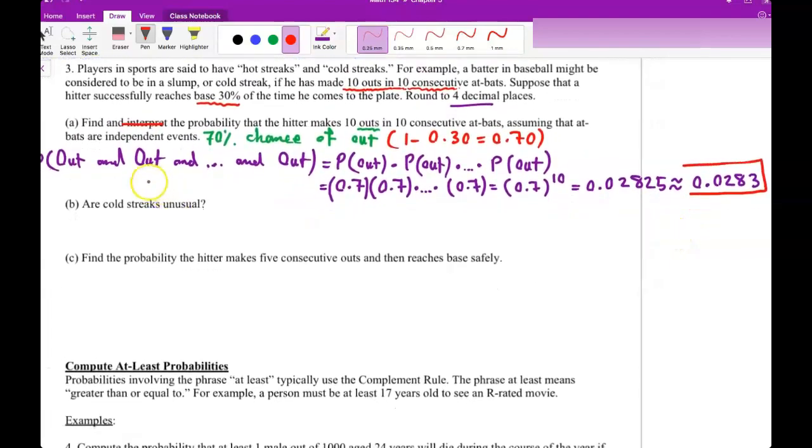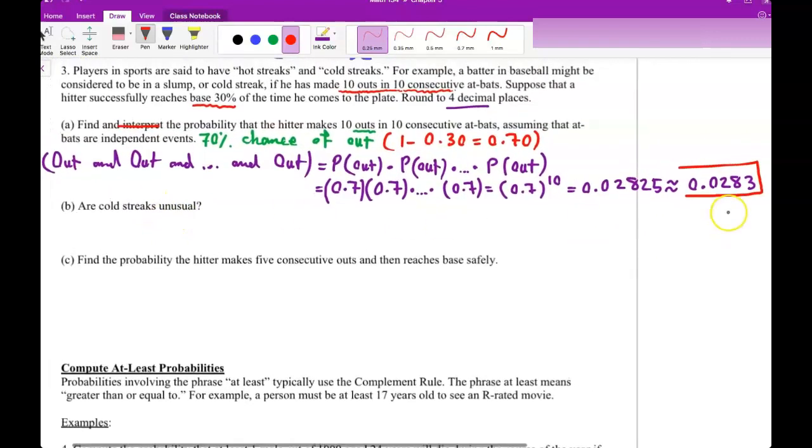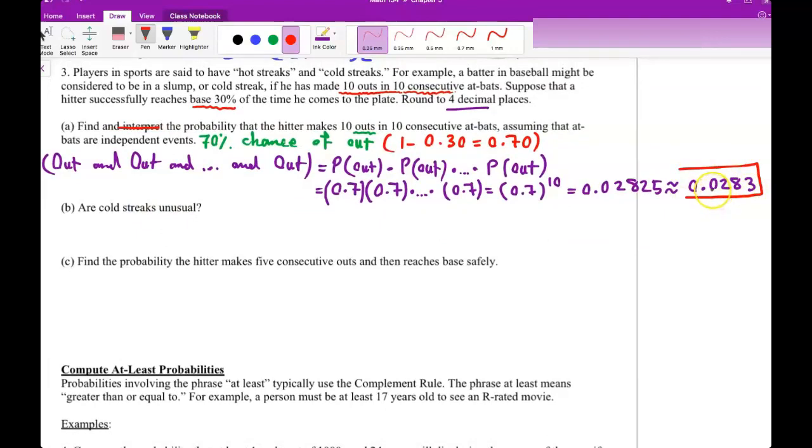Now part B, are cold streaks unusual? Remember, for unusual, you should compare if that probability is less than 5%. If so, you're going to have unusual.